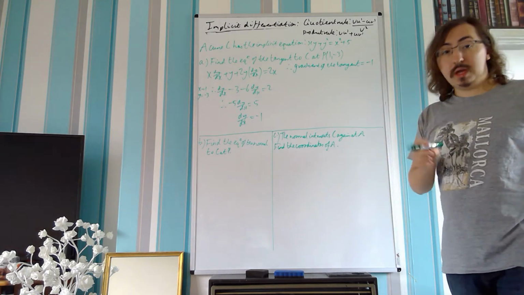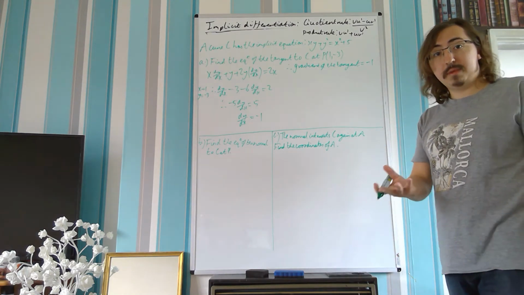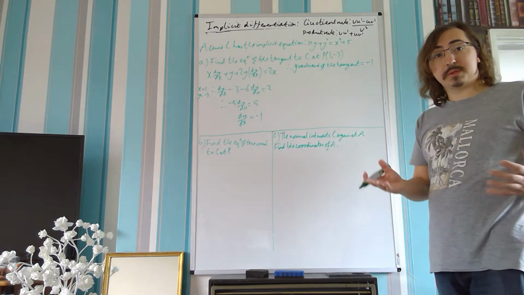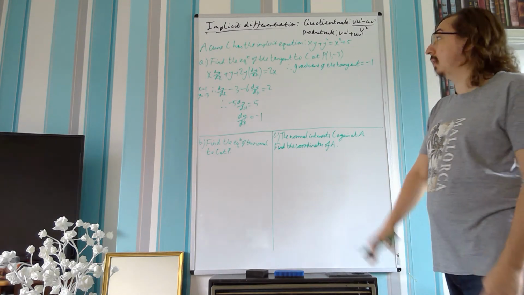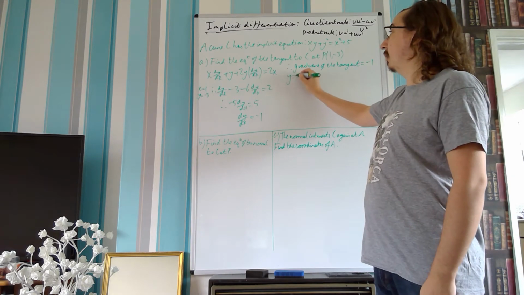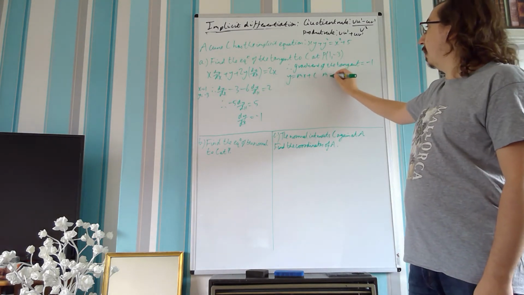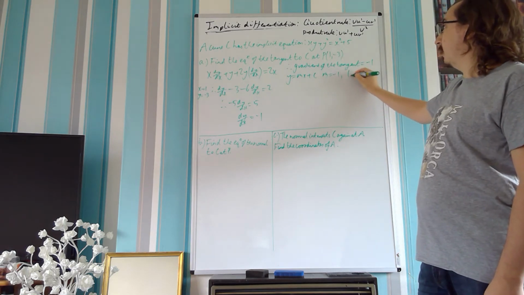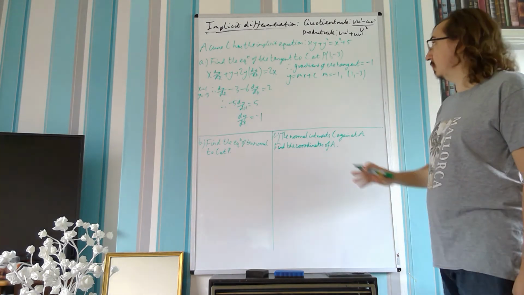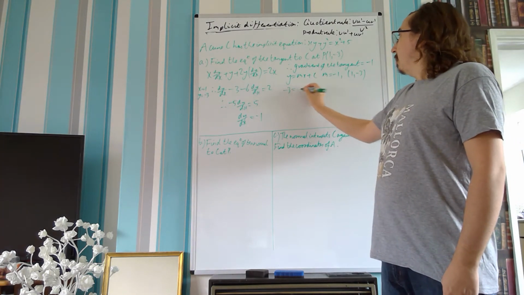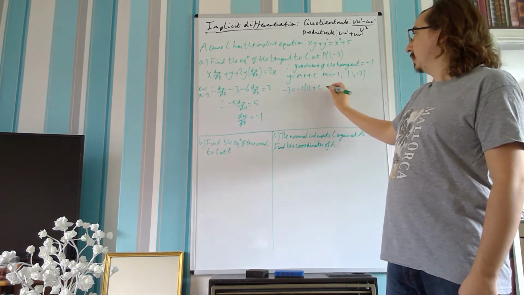We want an equation of the tangent though, and a tangent is an example of a straight line, and that is in the form either y equals mx plus c or y minus y1 equals m(x minus x1). Take your pick. I personally prefer y equals mx plus c. We have our m is minus 1, we have our coordinates (1, -3), and all you need to do is substitute in. Minus 3 is equal to minus 1 times 1 plus c.